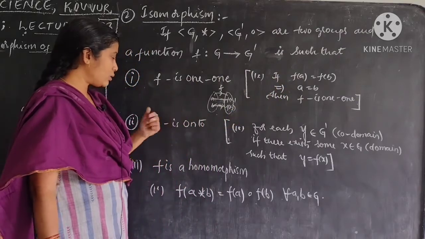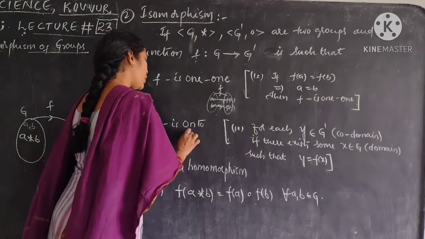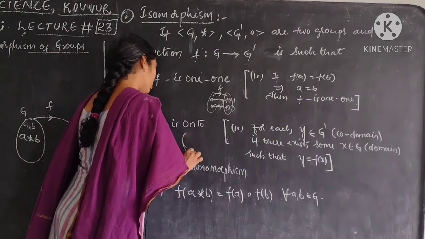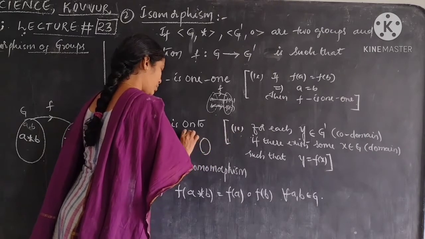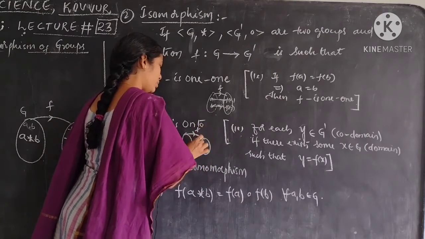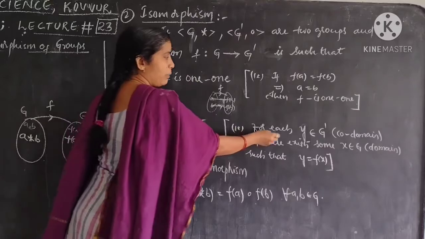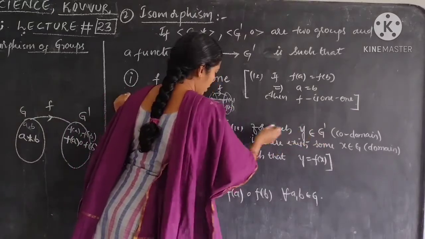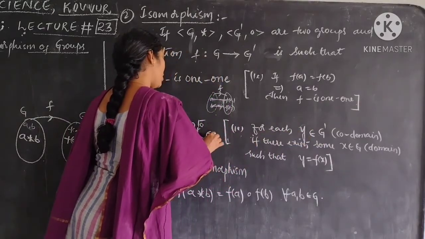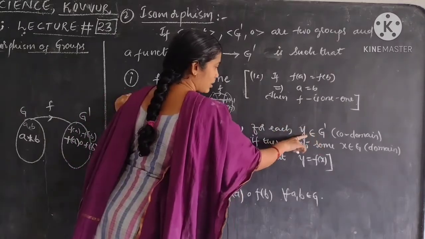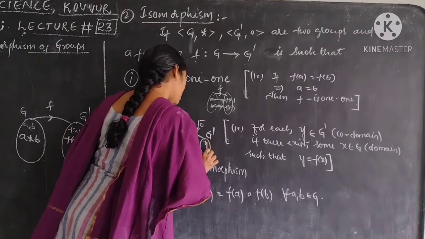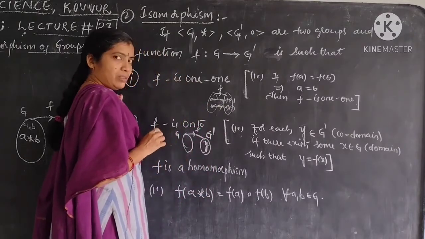Now coming to the onto function. Which function is going to be called onto? Read the definition in the box. For each element y in G dash, what is G dash here? This is the codomain of our function. Let us consider an element of the codomain.